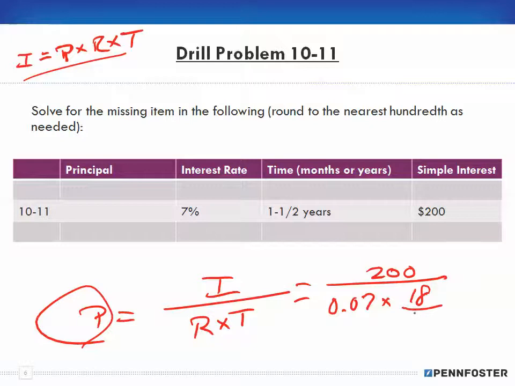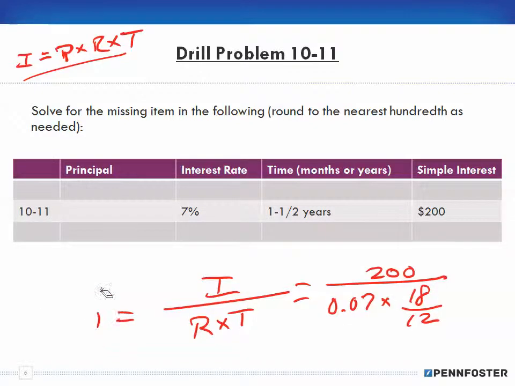But we put that over 12 because we want to keep it in an annual time frame, since our interest rate is 7% and our simple interest is annual. So even though this is a year and a half, which is 18 months, we put it as 18 over 12. And so now it's just a matter of doing the math.